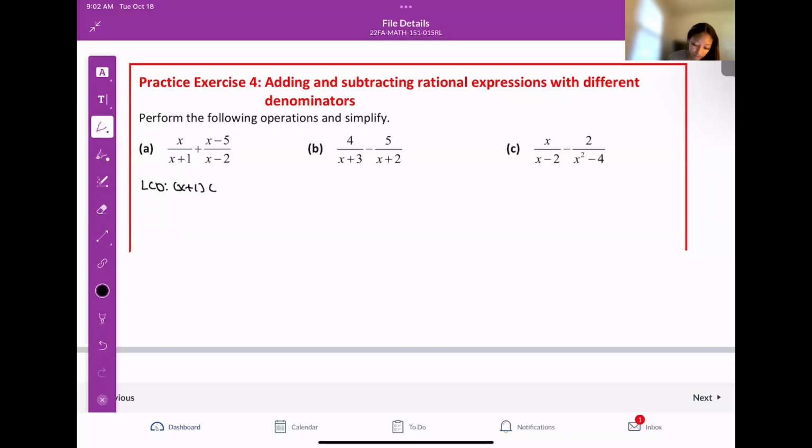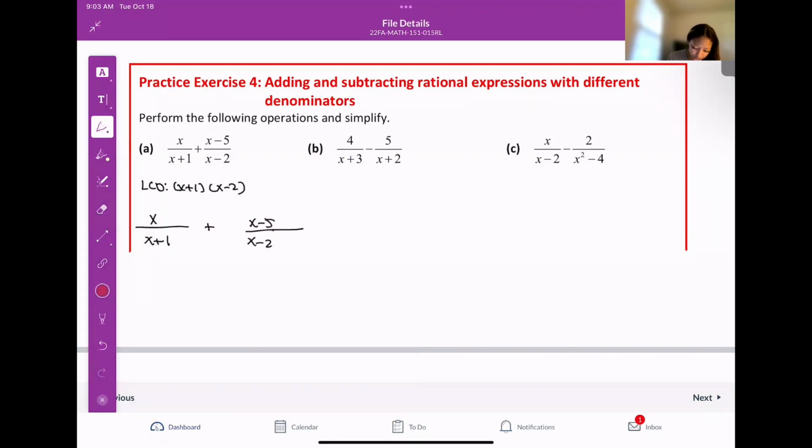It'll be (x plus 1) times (x minus 2). If we want to write these expressions with the same denominator, we want both of them to have a denominator of (x plus 1) times (x minus 2). So figure out what you need to multiply by to get that.